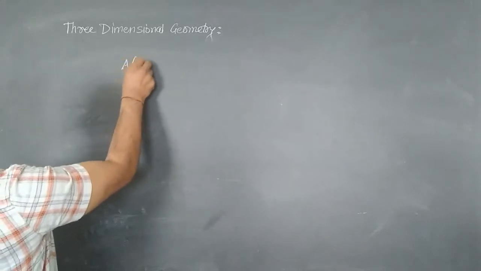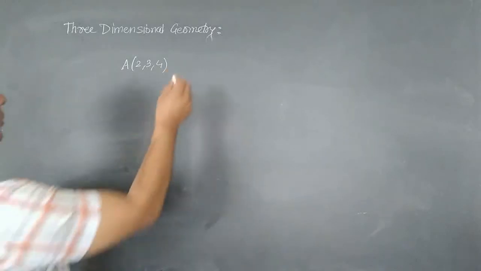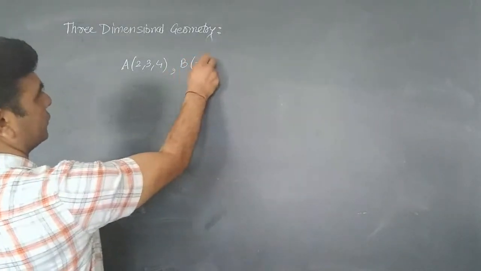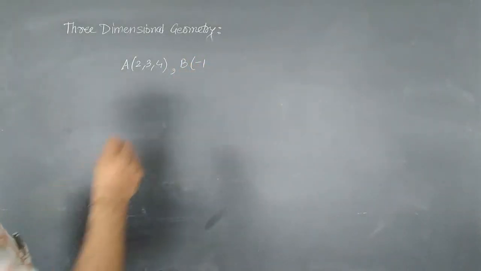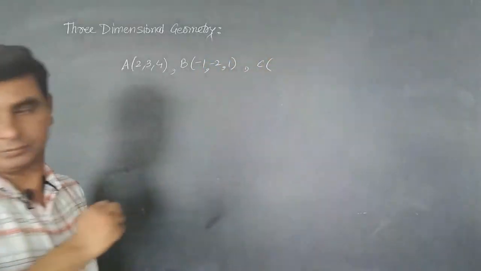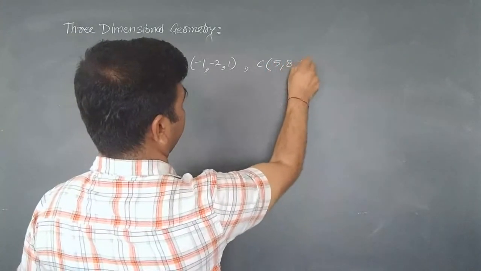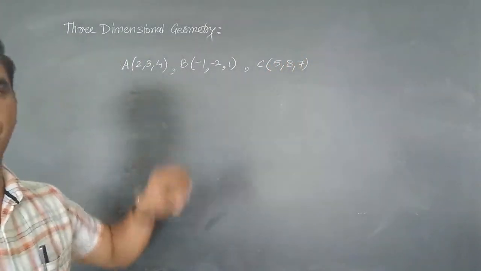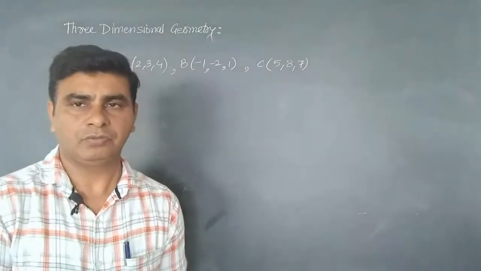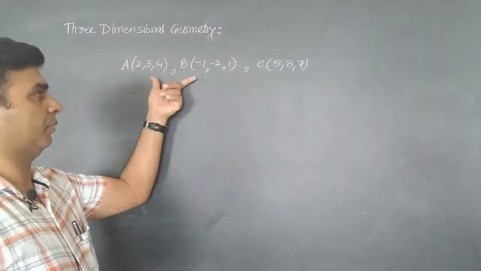The points are given as: point A with coordinates (2, 3, 4), the second point B is (-1, -2, 1), and the third point C is (5, 8, 7). Let me check whether these 3 points are collinear or not. For that we need to find the direction ratios of the vectors joining these points, AB and BC.